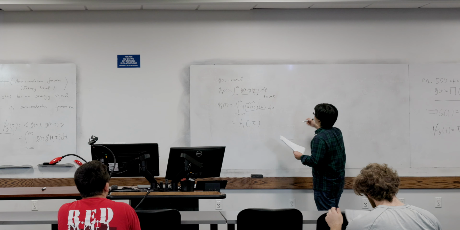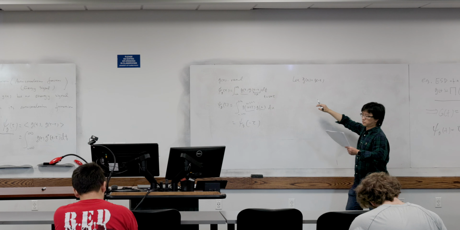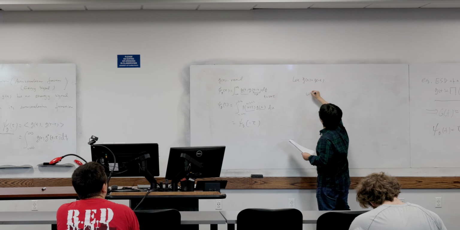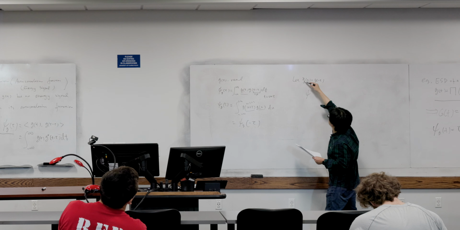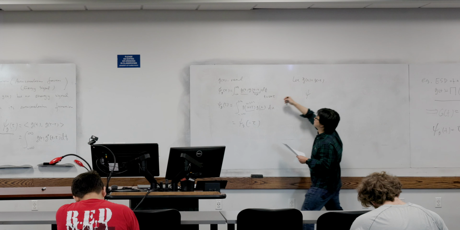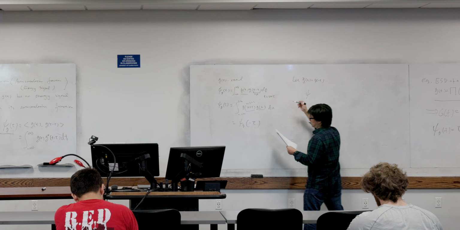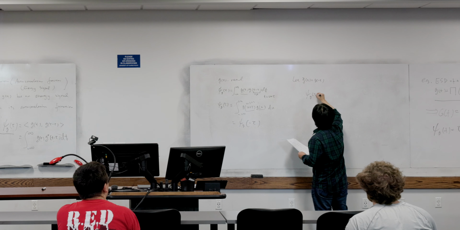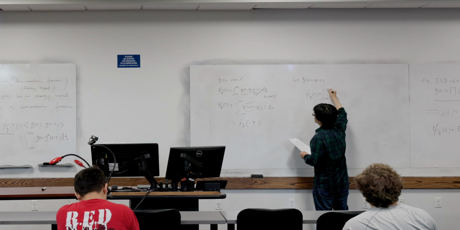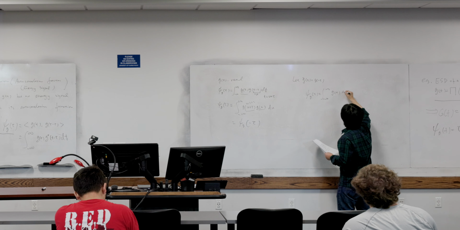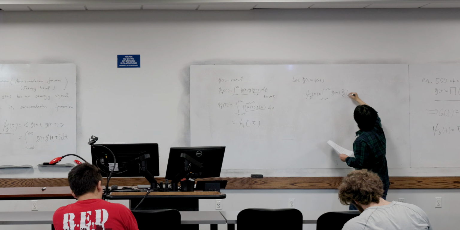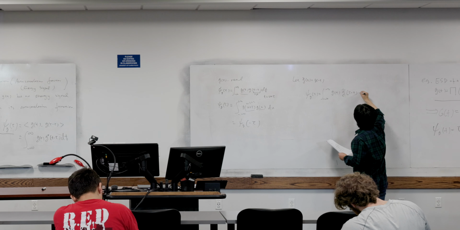We let g tilde of t equal g of minus t. Then by using this relationship, because g tilde of t equals g of minus t, if we use g tilde here, we just flip it. So this equals g(t) times g tilde of (tau minus t) dt.